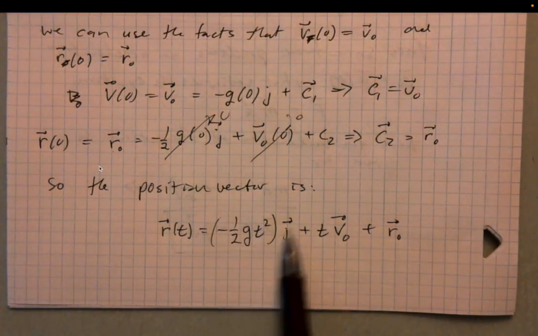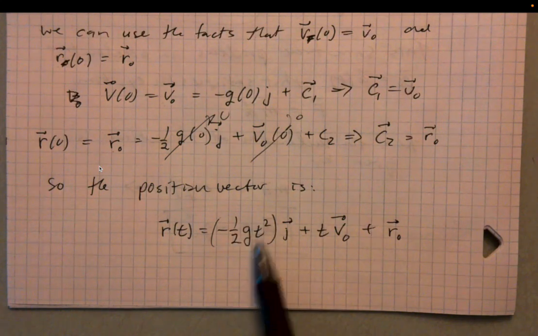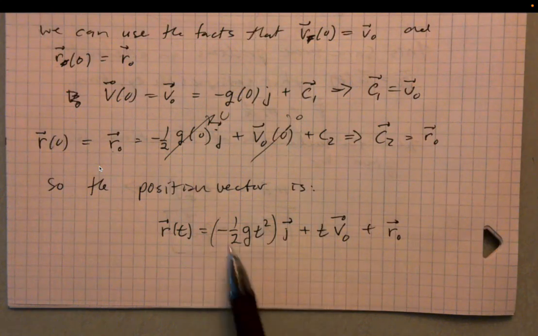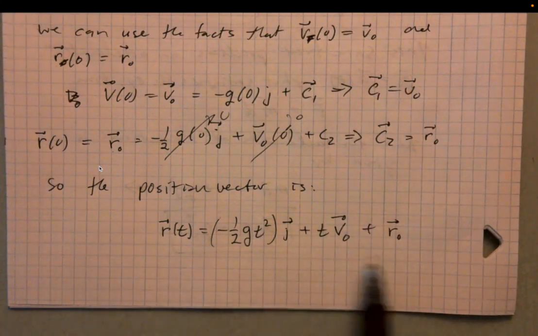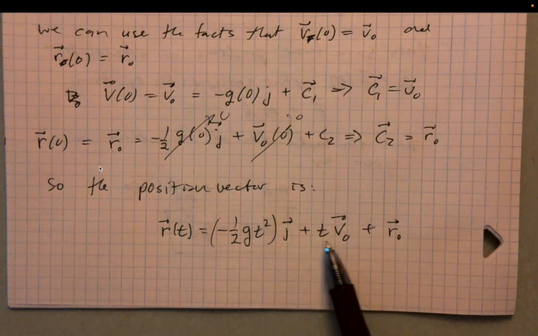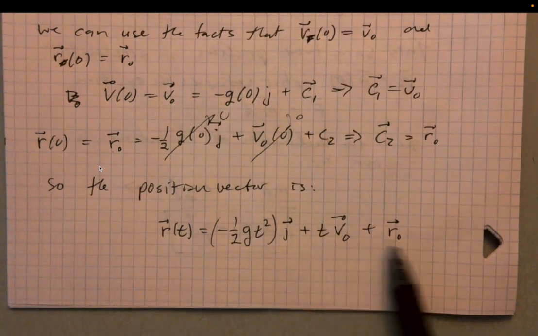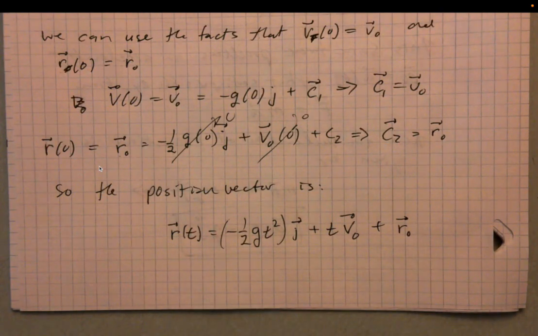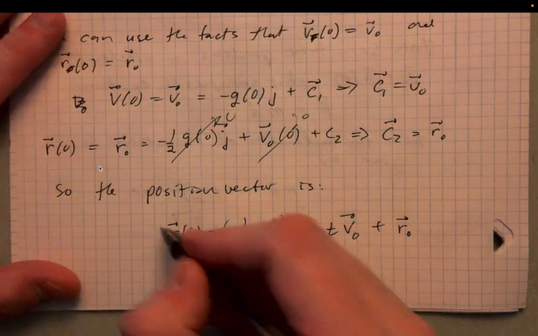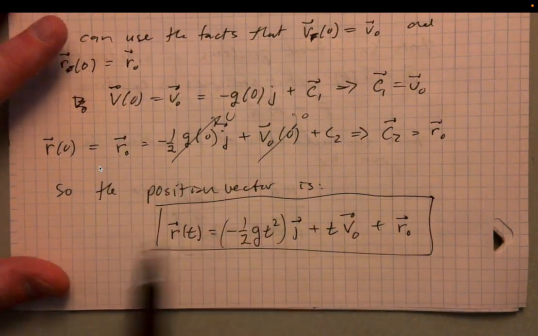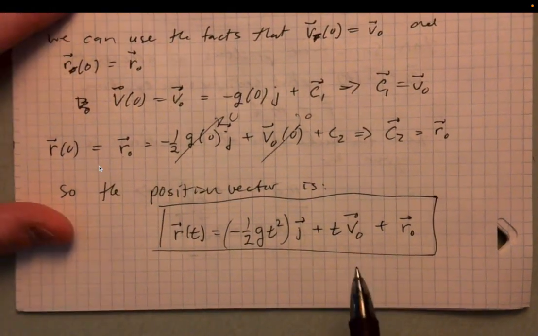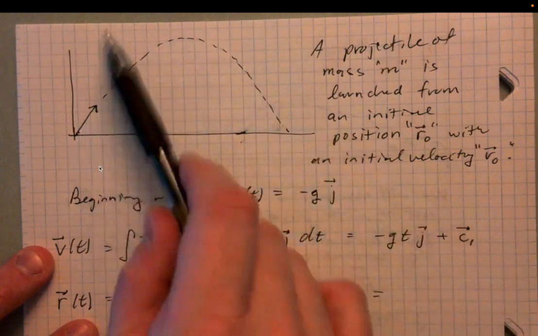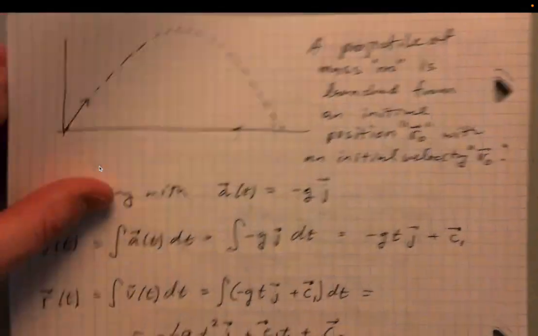So this coordinate just gets plugged into the j coordinate, and then you add the vector v naught times t, and r naught, which is a constant vector. You add all of those together to get the position. What this describes is, for any time t, where we are in the coordinate system with regard to this path.